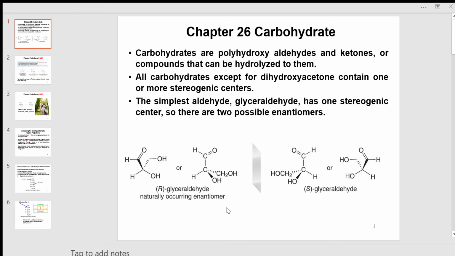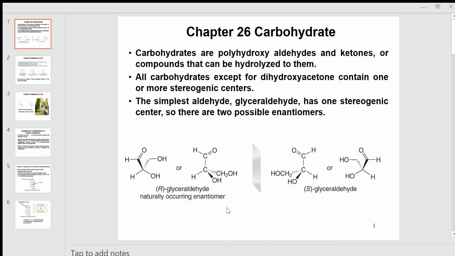To some of you, this could be a very important chapter if you want to be a biologist or a health professional in the future. You are going to learn a lot of carbohydrate or carbohydrate-related molecules in the next few years.